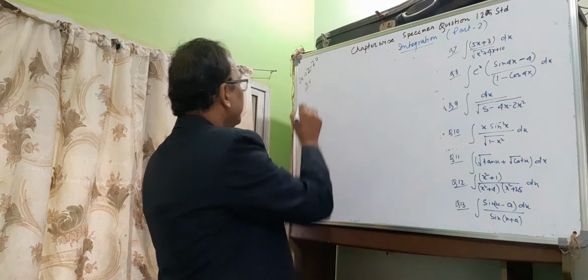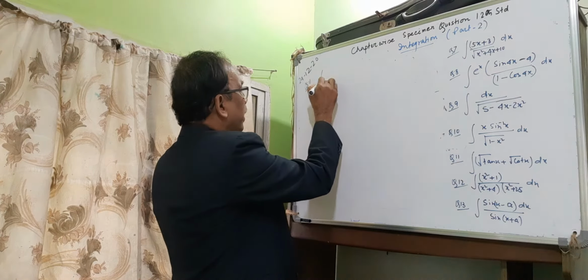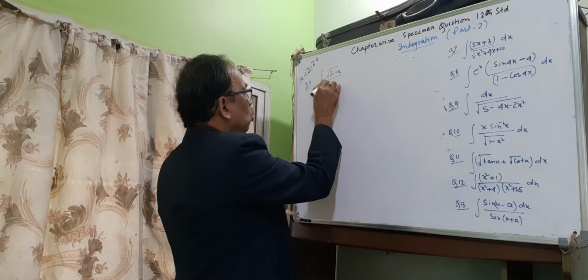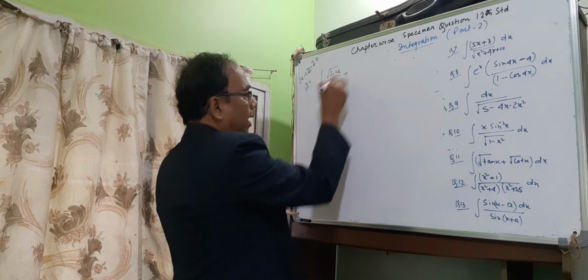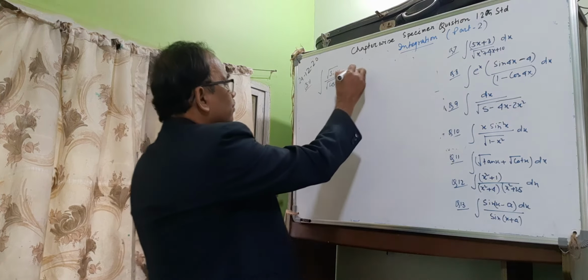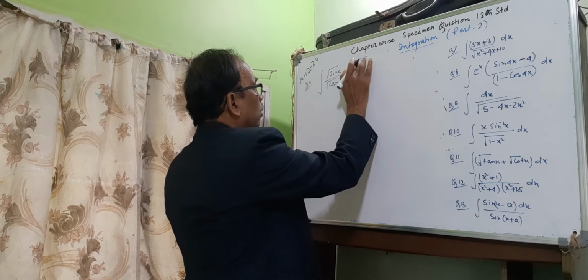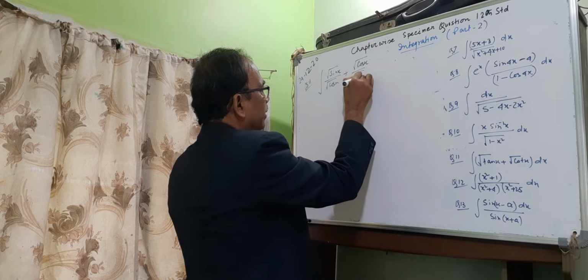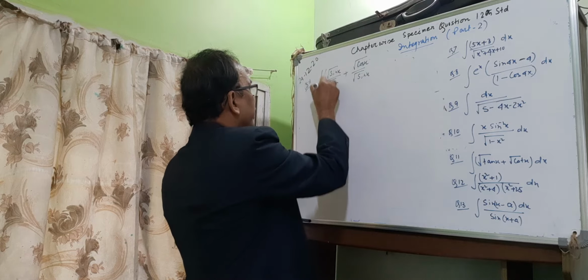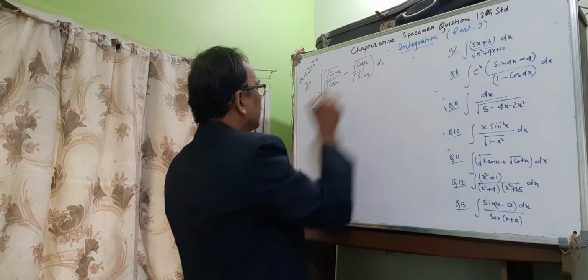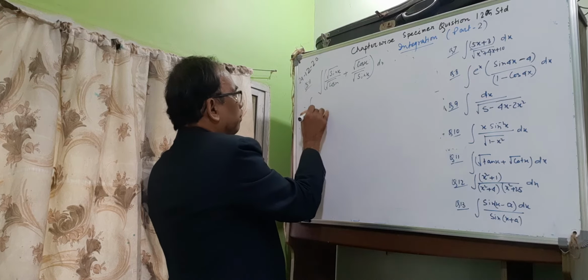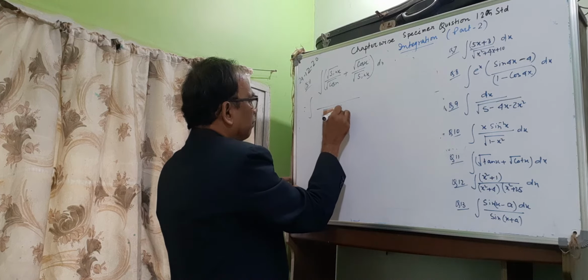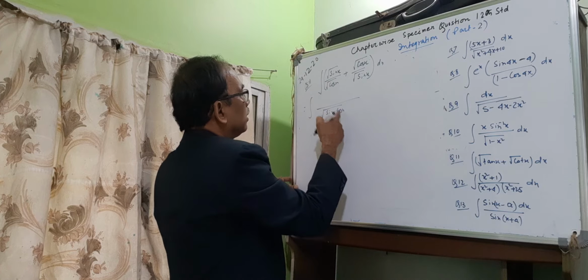Tan x is root over of sin x by cos x, that is root over of sin x by root over of cos x, plus cot x is root over of cos x by root over of sin x, all over dx. Now doing the addition, we get root over of sin x cos x, this by this, that is sin x plus cos x dx.